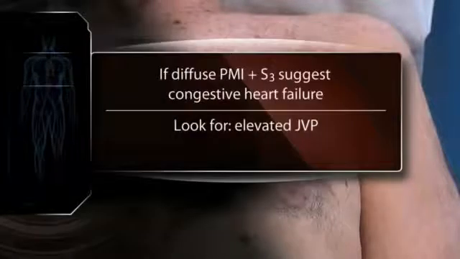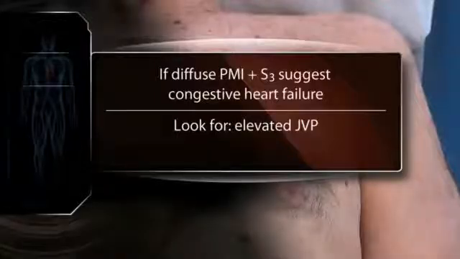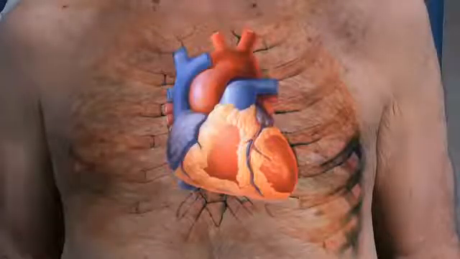When auscultating the heart, remember to correlate your findings with the patient's jugular venous pressure and carotid pulse. For example, if there is a diffuse PMI and an S3 suggesting congestive heart failure, look for an elevated JVP. You will listen for S1 and S2 in each of the 6 listening areas.